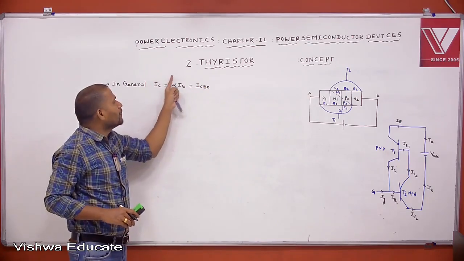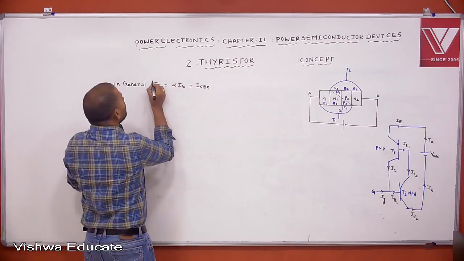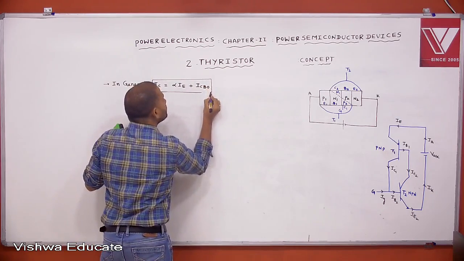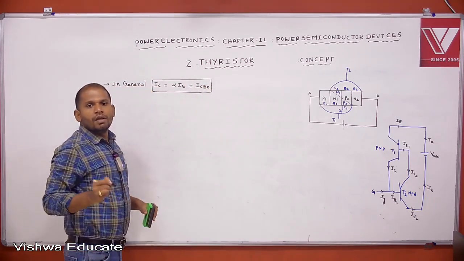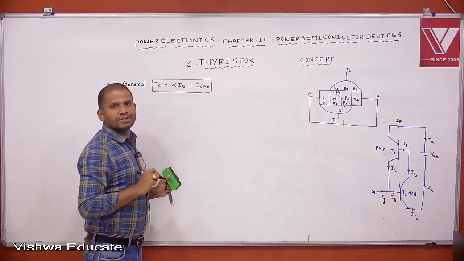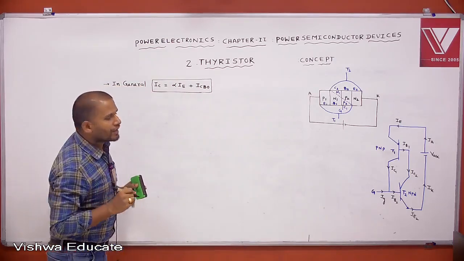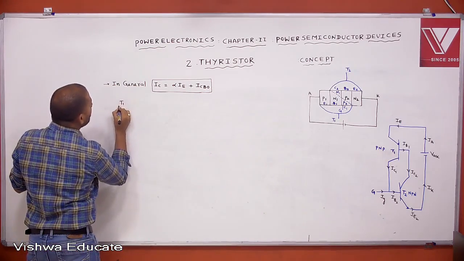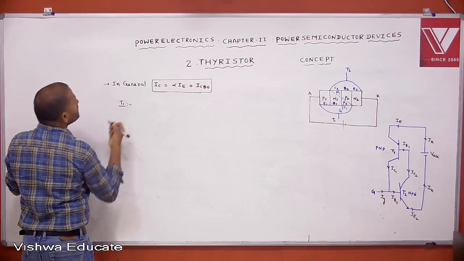This is a generalized equation for common base configuration. Now we want to apply this equation to both T1 and T2 transistors.